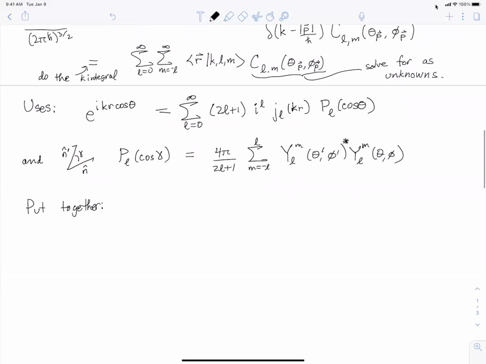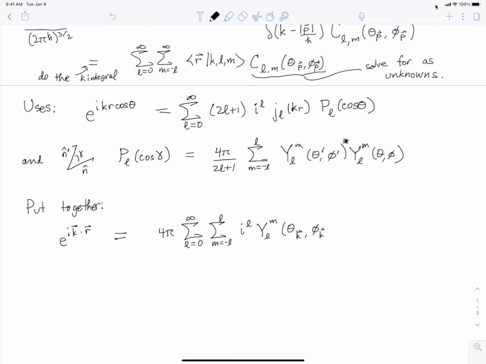Okay, but what you find is that your plane wave, e to the i k dot r, I could have written that as p over h bar, same thing. So this is equal to 4 pi, sum over all l's, sum over all m's, i to the l-th power, Y_lm, and the angles that go here are the angles of the k vector.